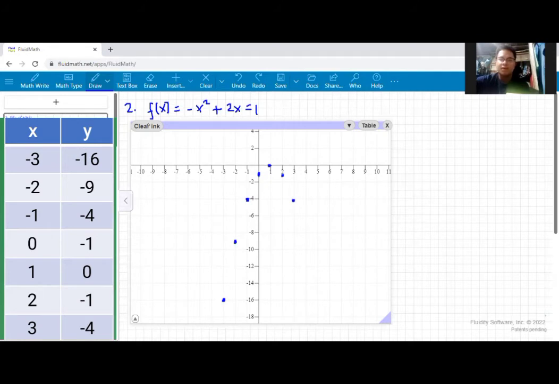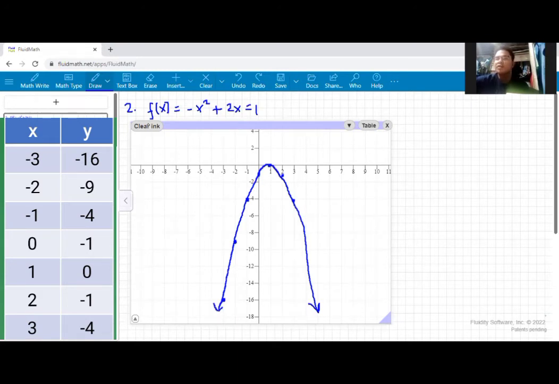Okay, after that, we connect these dots to make a parabolic graph, which represents the quadratic function f of x equals negative x squared plus 2x minus 1.